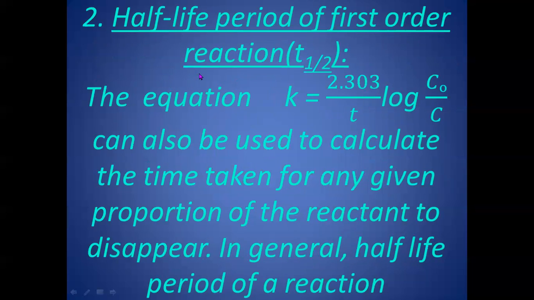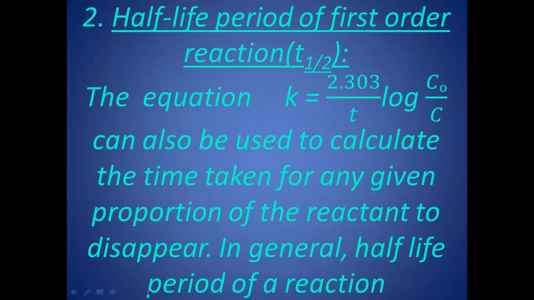Second is half-life period for first order reaction. Again, we have to take the original equation, which is nothing but K is equal to 2.303 by t log C0 by C. It is the equation which gives you the value for K for first order reaction. Now, this can be used to calculate the time taken for any given proportion of the reactant to disappear.